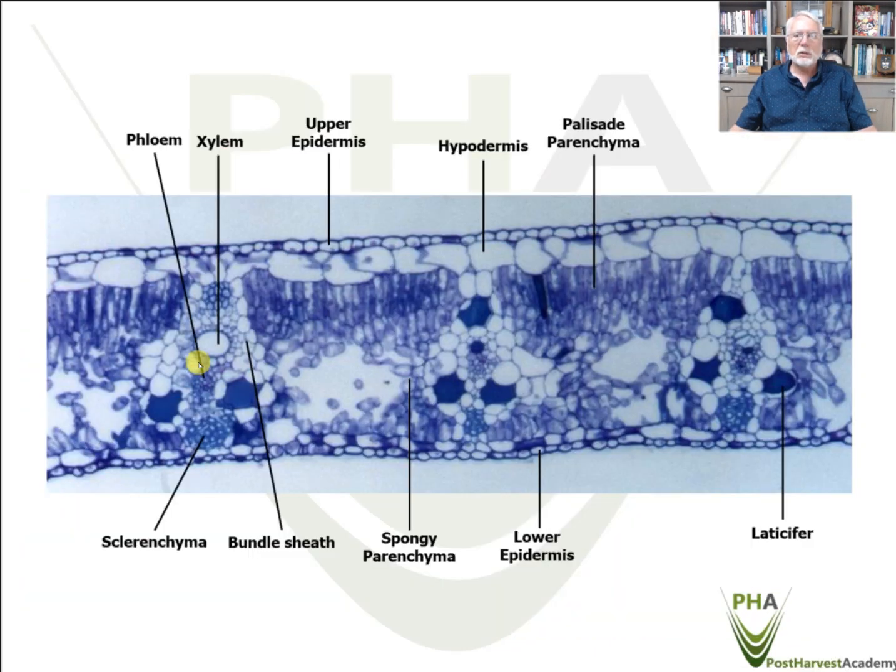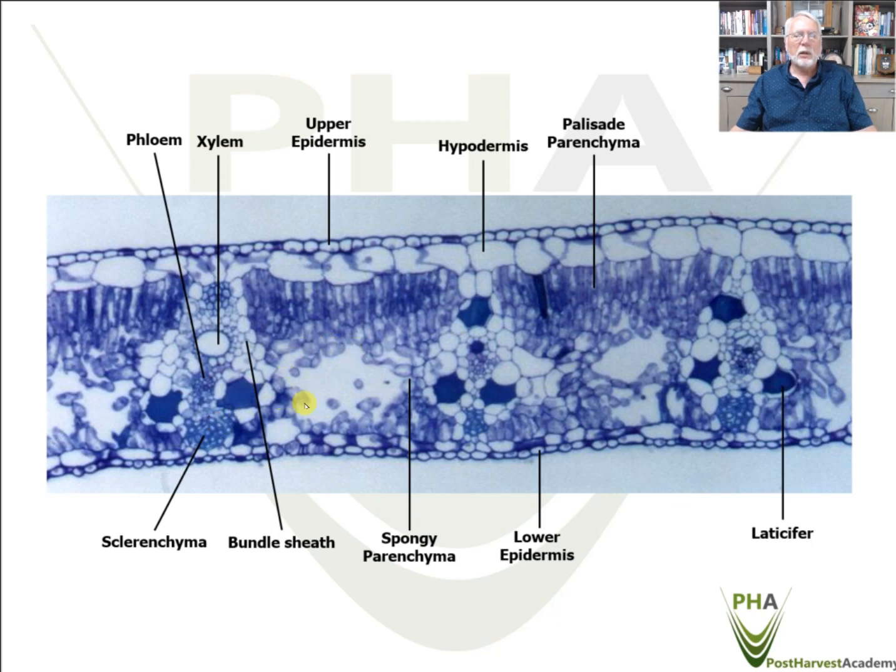Here we have a cross-section through a banana leaf showing different tissues such as the upper epidermis, the hypodermis, and the palisade parenchyma that is responsible for most of the photosynthesis. We have the vascular system with the xylem and the phloem, and we have sclerenchymatic tissue that supports the leaf.